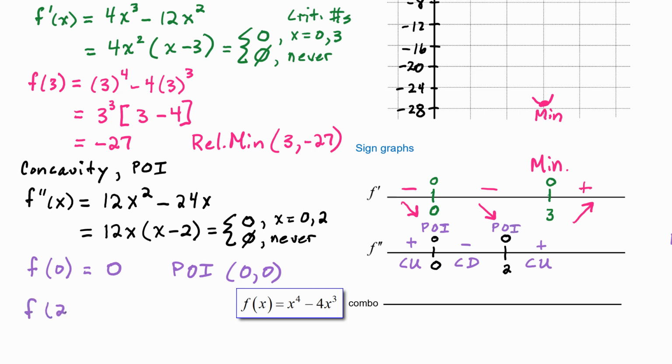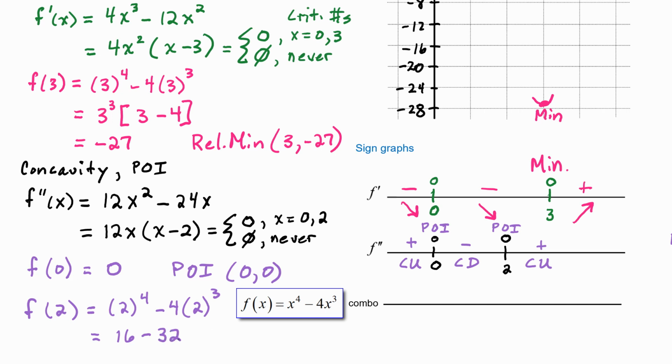f of 2 is going to equal 2 to the 4th minus 4 times 2 cubed. And once again, you can factor out a 2 to the 3rd if you like, or these numbers are small enough where we could just multiply them out. 2 to the 4th is 16. 2 to the 3rd is 8. 8 times 4 is 32.